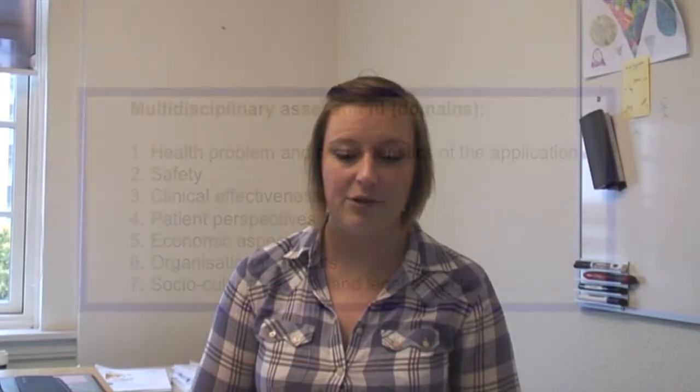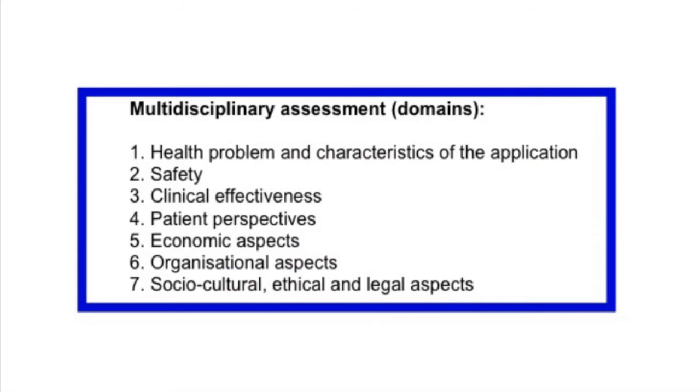So the core elements of the MAST model are the 7 domains. First, you need to describe the health problem, the characteristics of your application, and safety issues. You need to evaluate the clinical effectiveness, and figure out how the patient perceives this new technology.